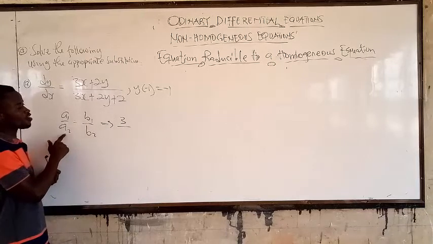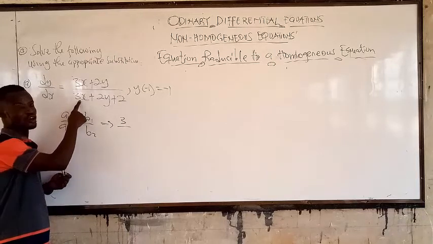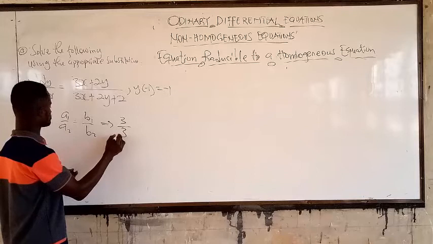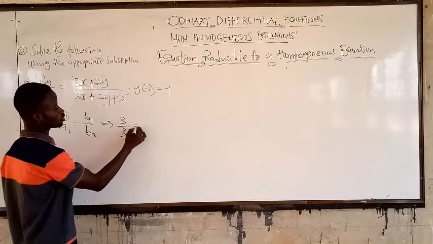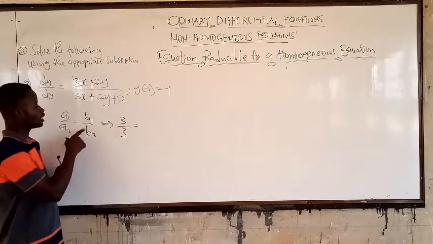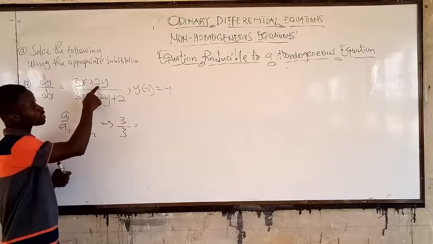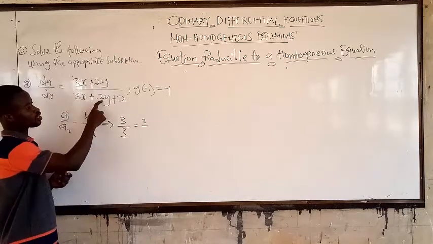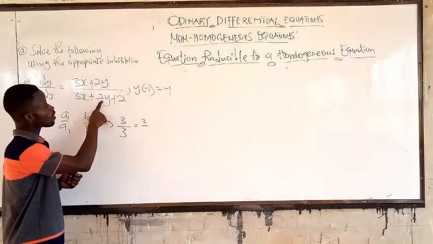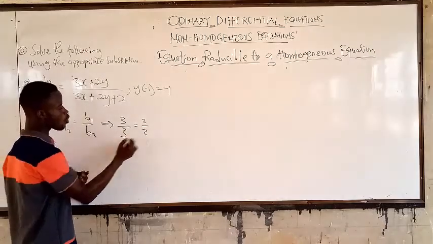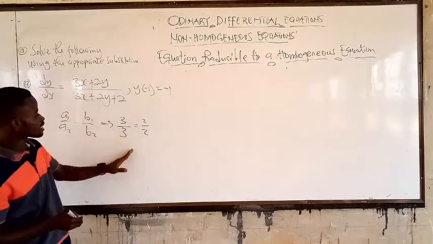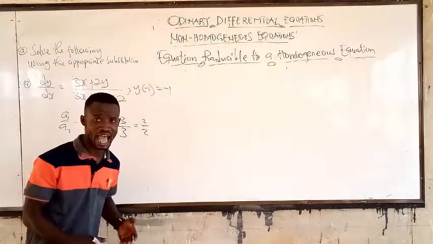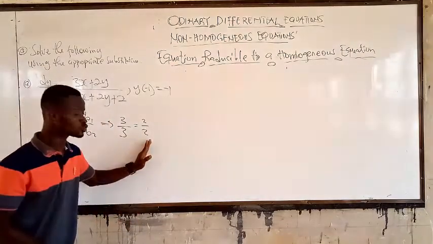A2 is the coefficient of the x below, which is 3. B1 is the coefficient of the y on top, which is 2. The coefficient of the y here is 2. So that means here is 3 over 3, here is 2 over 2. It means that this is equal to this.